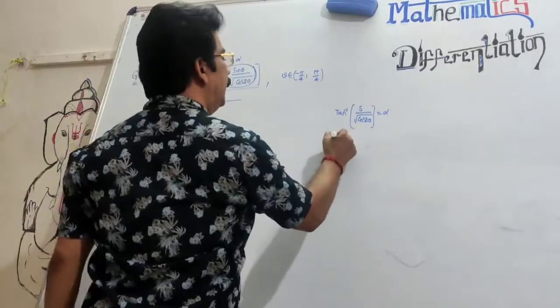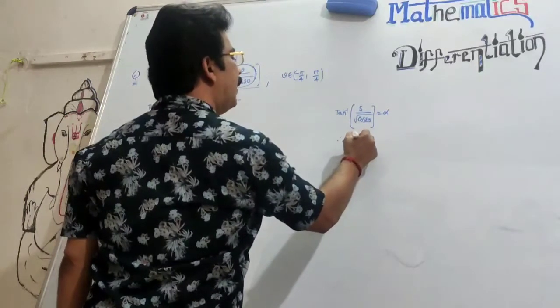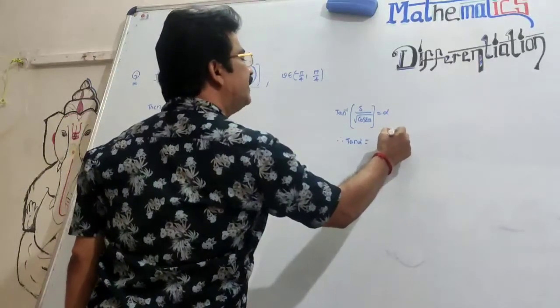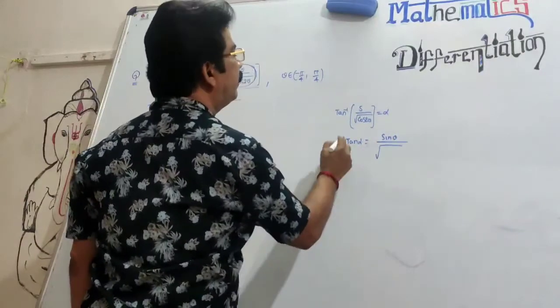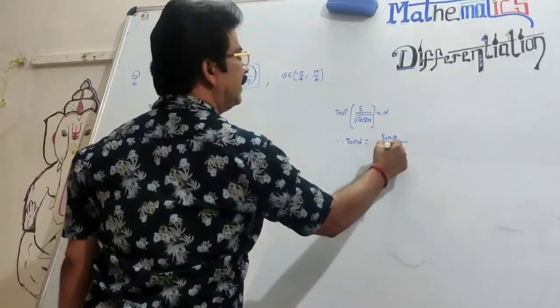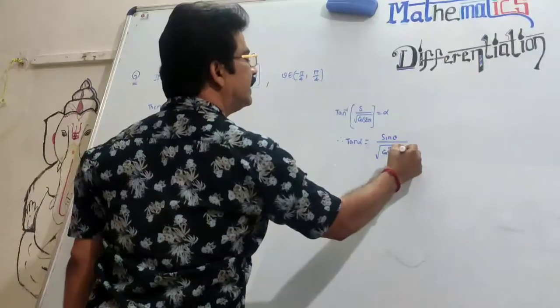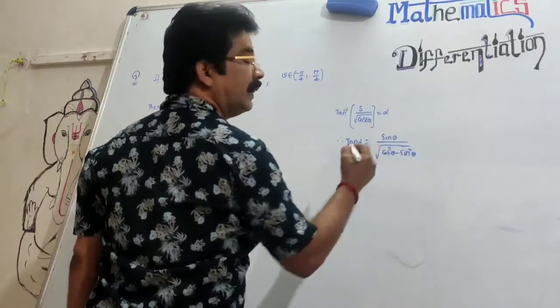So therefore tan alpha is equal to sine theta divided by root of cos 2 theta, means we can express cos 2 theta like that, cos square theta minus sine square theta.